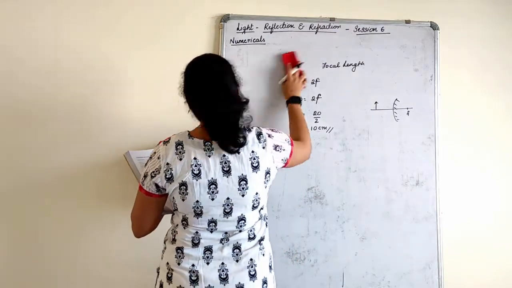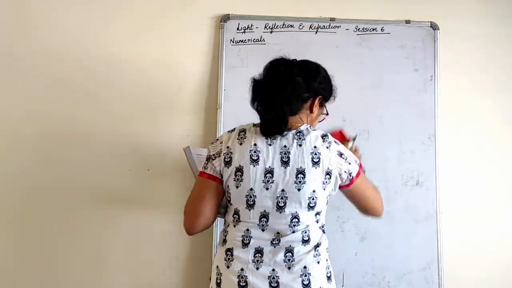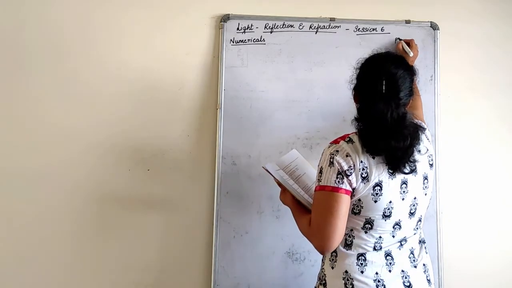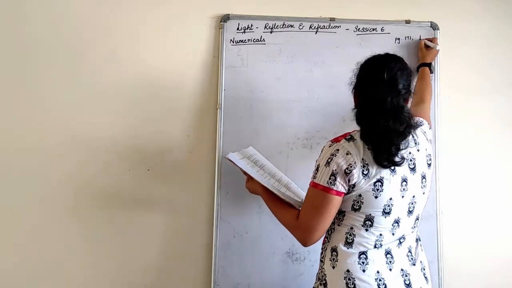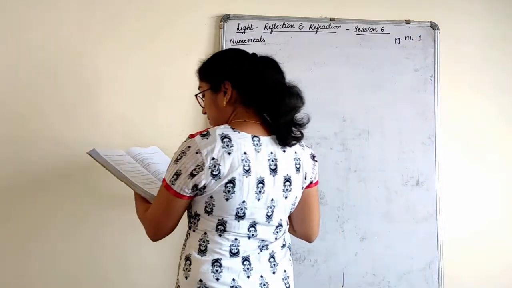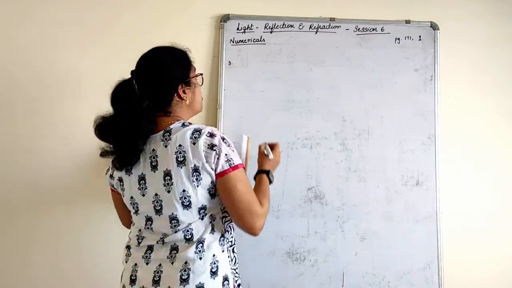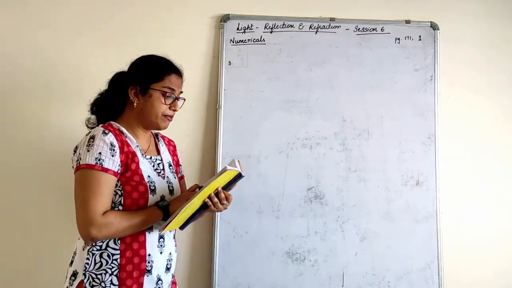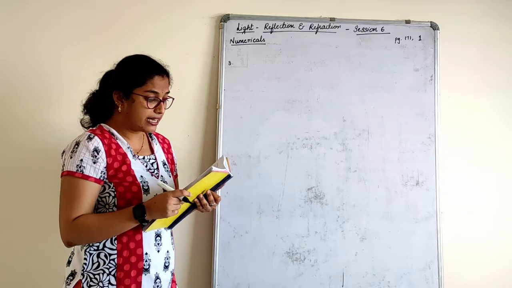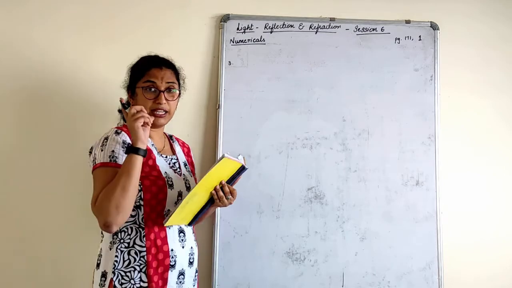Page number 171, sorry. First one I am marking for homework, okay? It's the similar sum what we have done. The second one I am doing, that is numerical 3. A concave mirror produces 3 times magnified, enlarged real image.